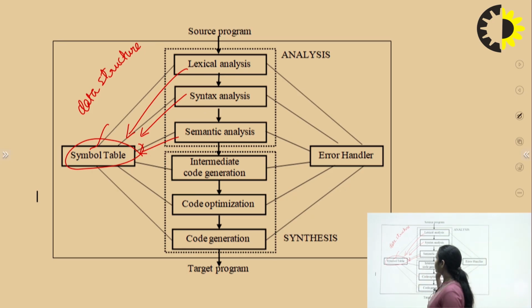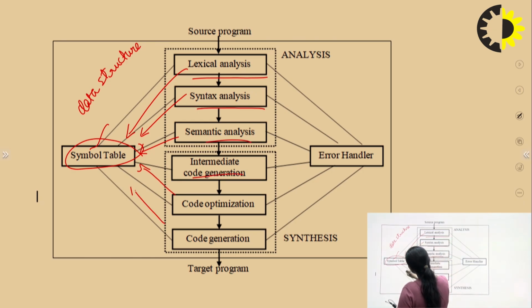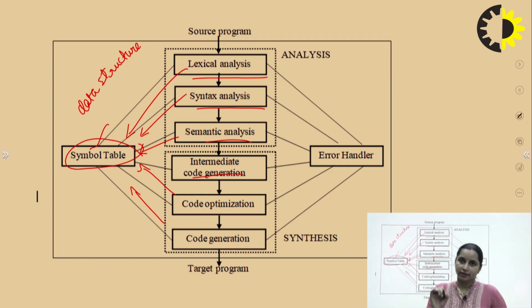All these phases are connected with the symbol table. That is why we can get the line number of the error message. How would an error message be generated if all these phases were not connected?